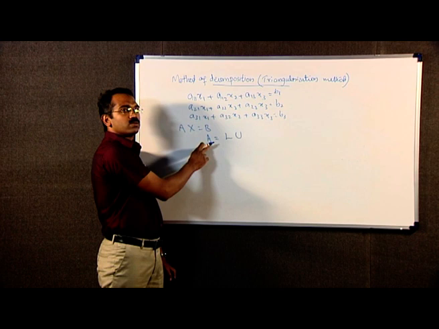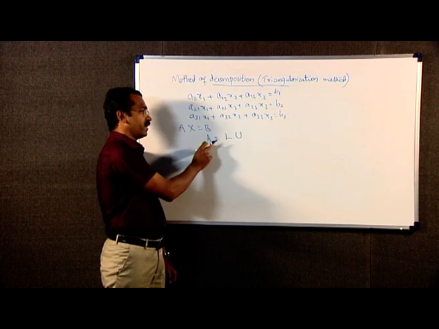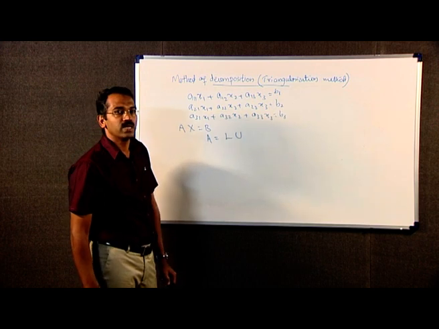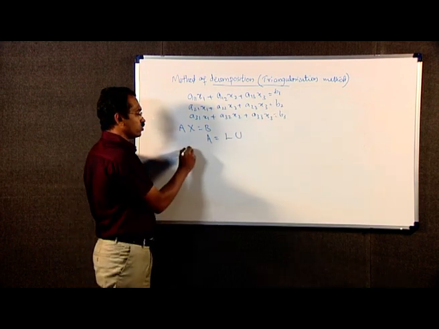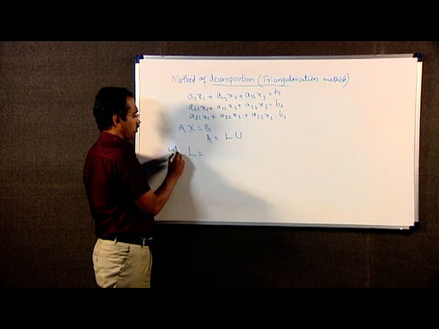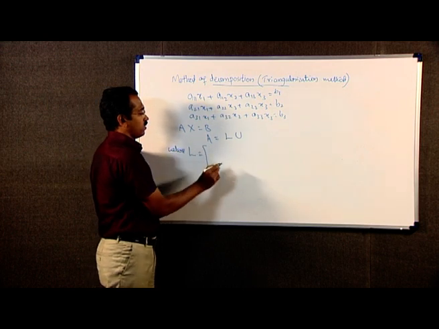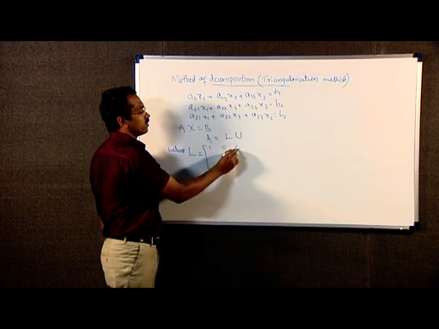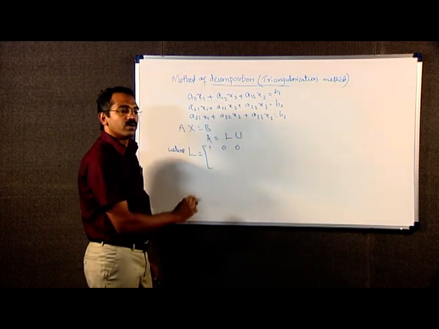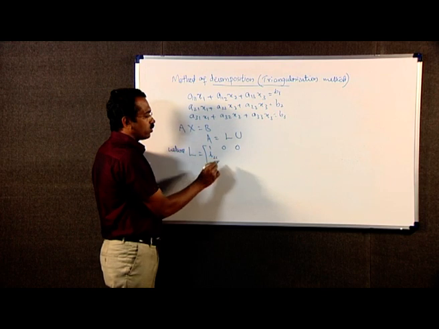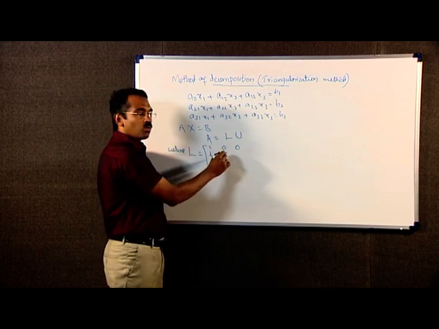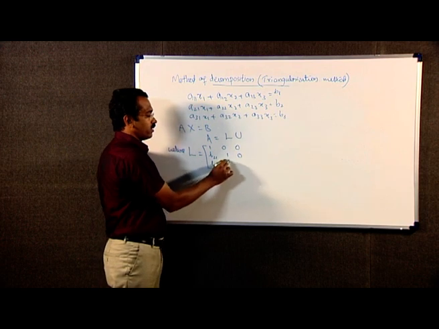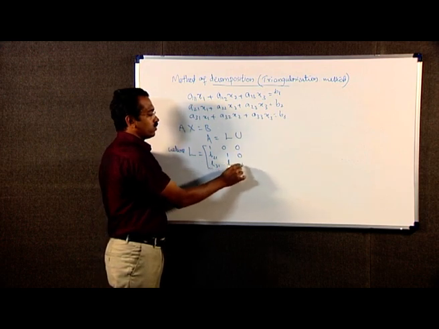We decompose the coefficient matrix A into two matrices, where L is of the form, the lower triangular matrix 1 0 0, L21 1 0, L31 L32 and 1.